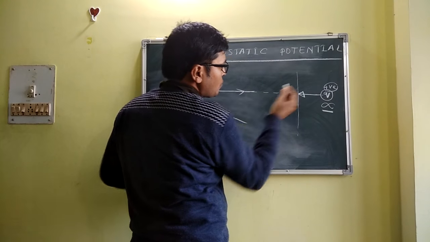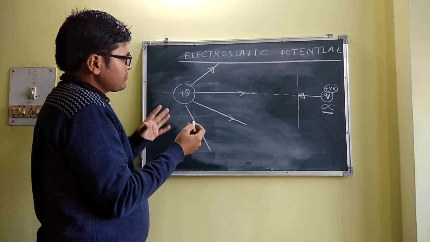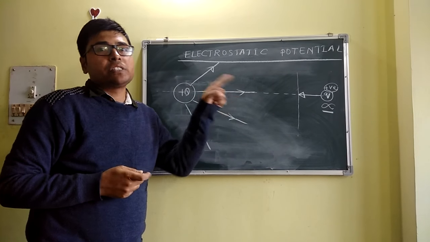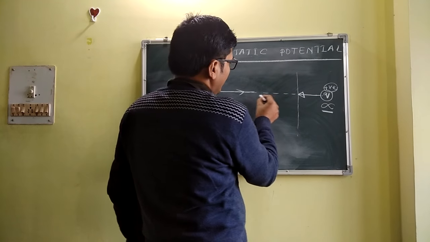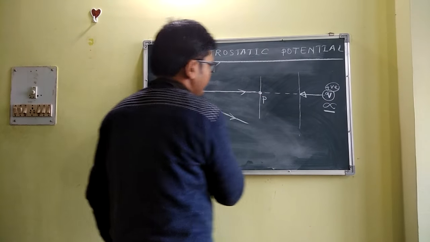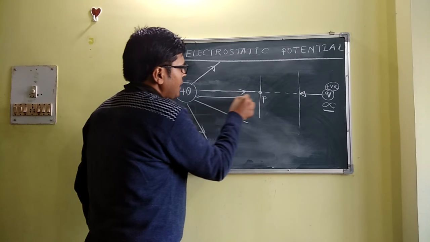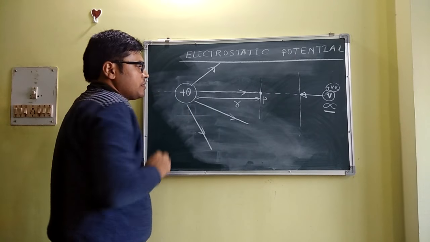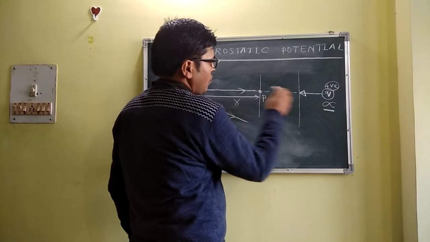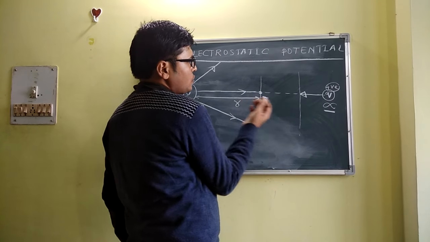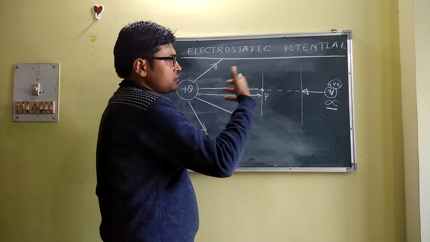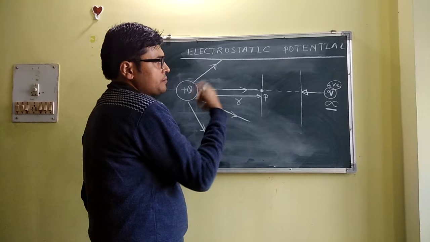So we select the force in such a way that it is exactly equal to the electrostatic force. So if we take, let's say, a point P in this electrostatic field at a distance r from this charge plus q, at this point we are moving towards the field, right? So we have to apply some external force so that we could move towards this charge.